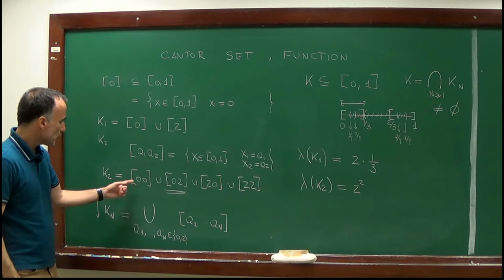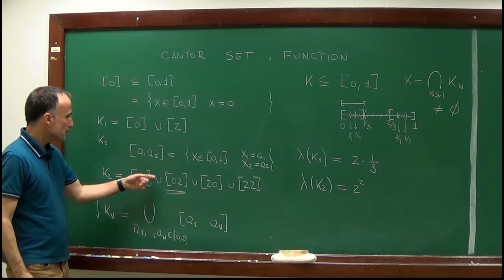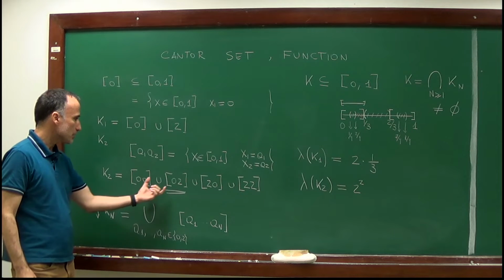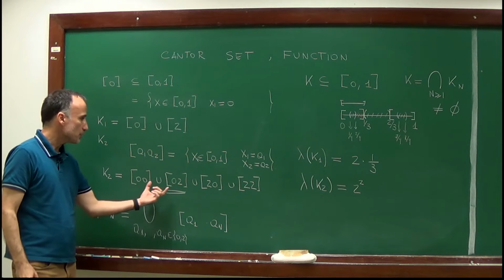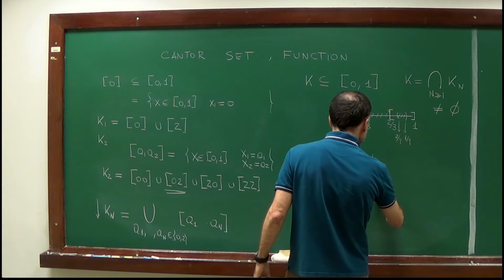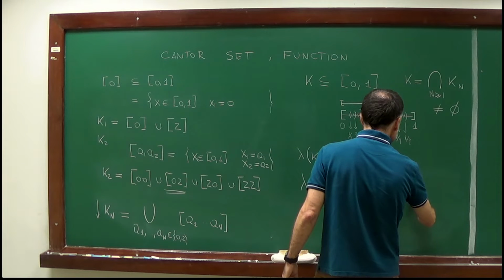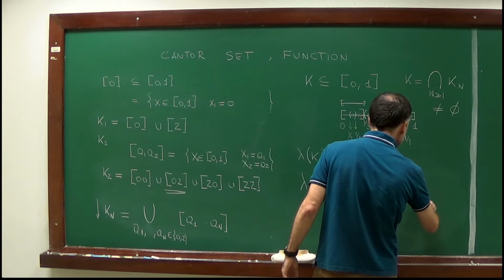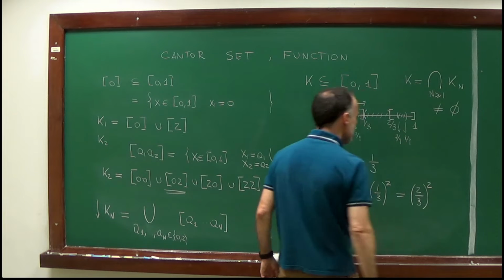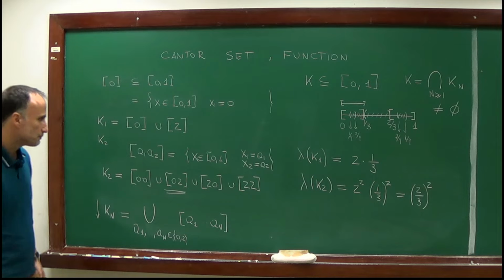And each set now, where we are imposing a condition on the first two digits, each bracket corresponds to an interval of length 1/3 to the square. So this is 2/3 to the square. So this is the Lebesgue measure of K2.